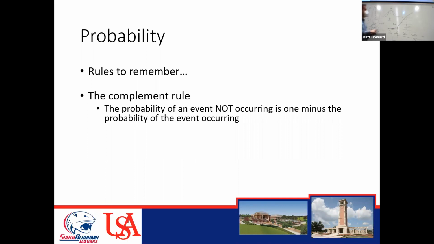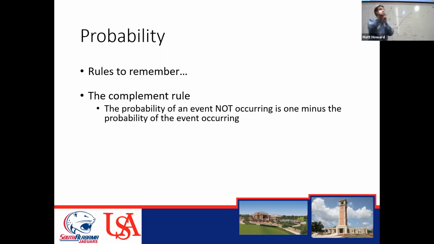So if we roll the dice, depending on the complement rule, what would be the likelihood of not rolling a 1? We know that the complement rule says the probability of something not occurring is 1 minus the probability of it occurring. Y'all remember what the rough approximation probability of a dice roll is?